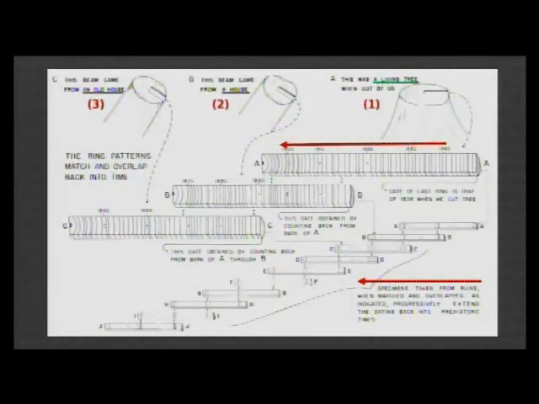Here's another example, where they took a living tree, and we're moving from right to left in this instance, a living tree, the rings there compared to a beam from a house, and then an older house, 1, 2, and 3, across from right to left. You can see how this was built up.